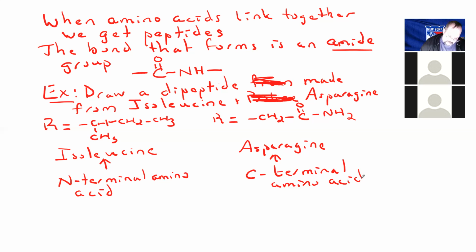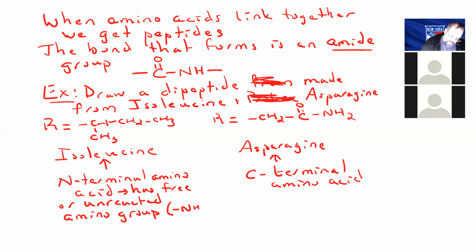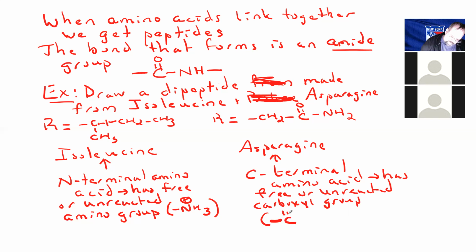The N-terminal amino acid is the amino acid that has the free or unreacted amino group, which essentially, because we're considering the Zwitter ion forms, is going to have the form of NH3+, where asparagine, as the C-terminal amino acid, has the free or unreacted carboxyl group. And what form does that have? That's going to have the form of C double bond O connected to O minus.